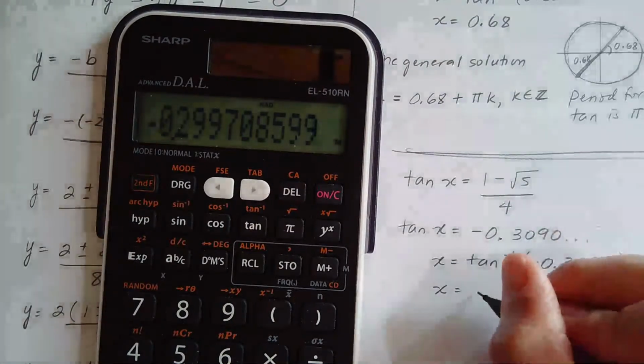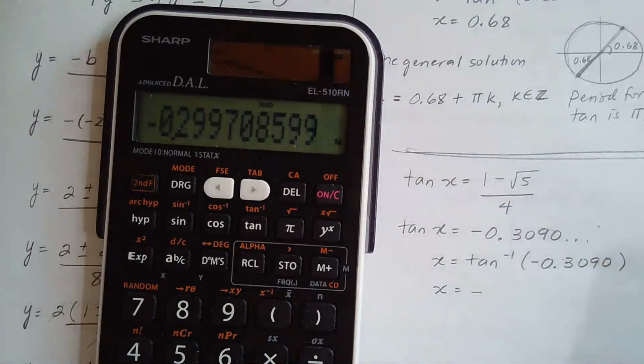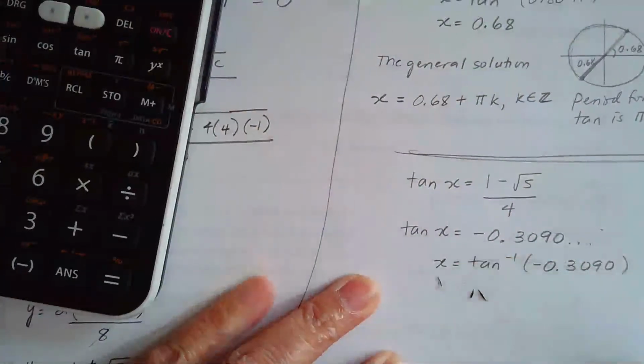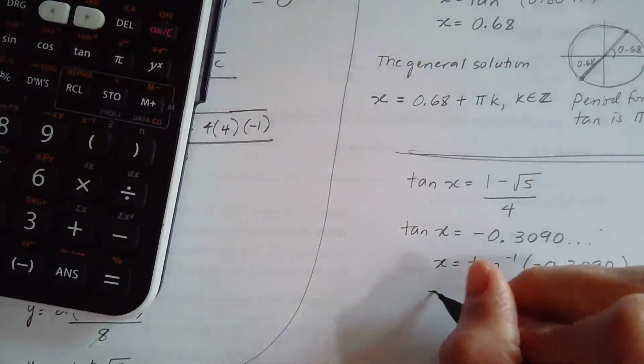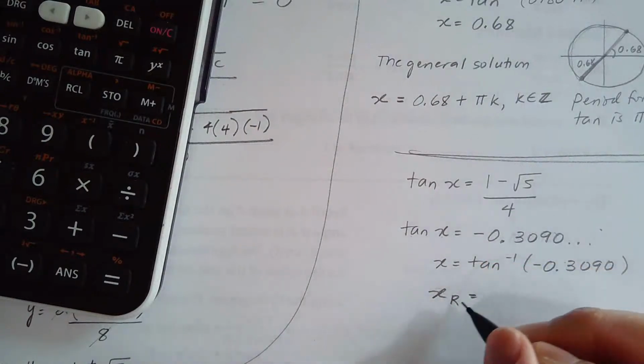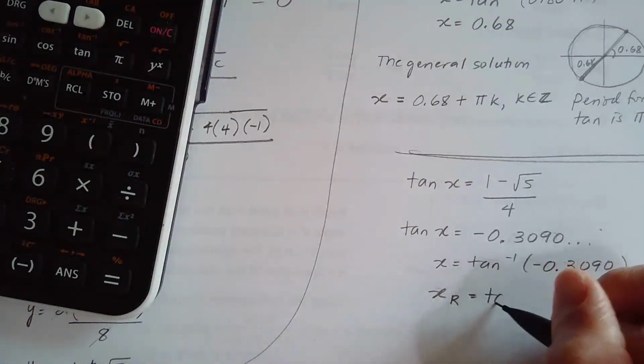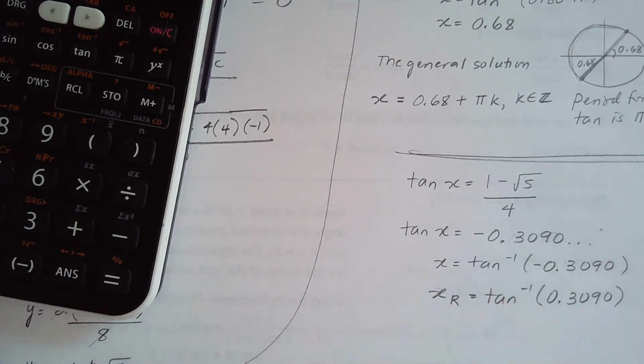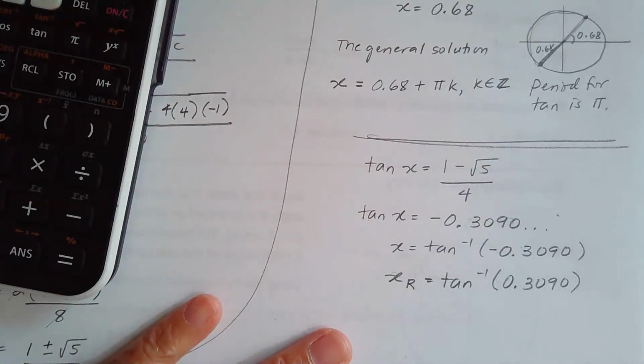So it's going to be negative. So for this one, if I want to do the reference angle, I'm going to put the reference angle, tan inverse of 0.3090. The reason why I had to do the tan inverse of a positive is because I want a reference angle.